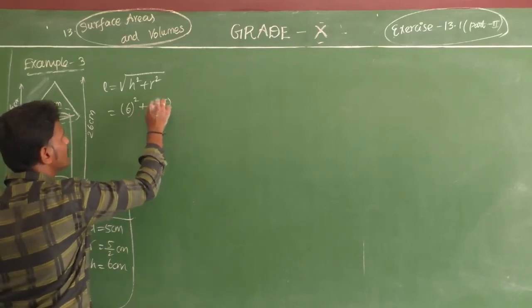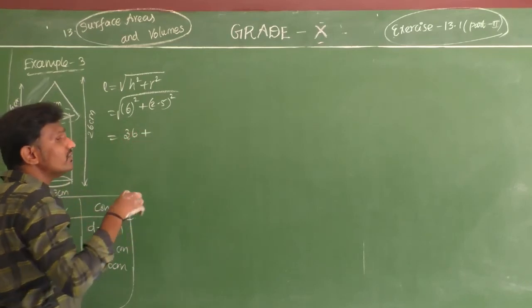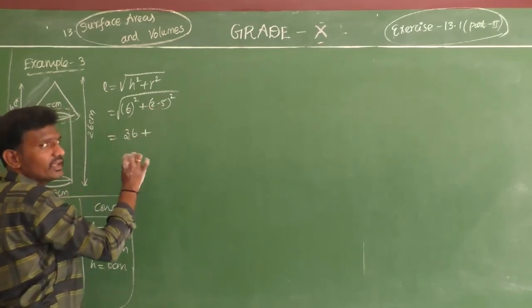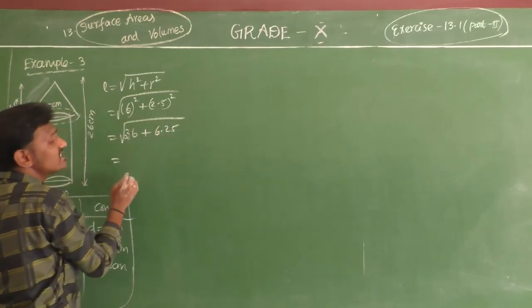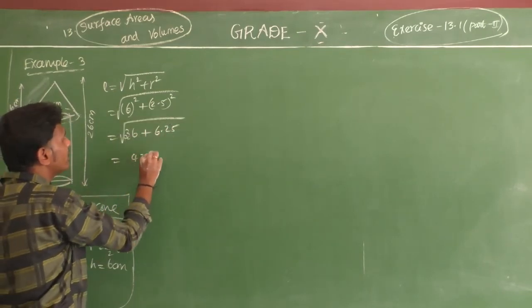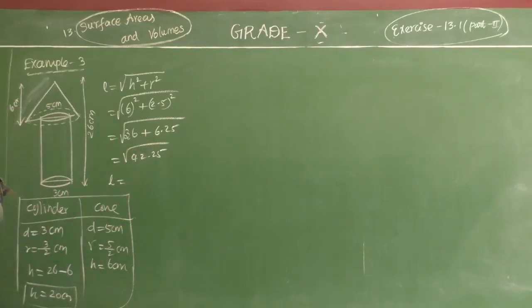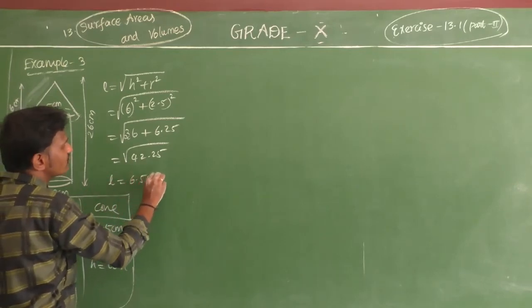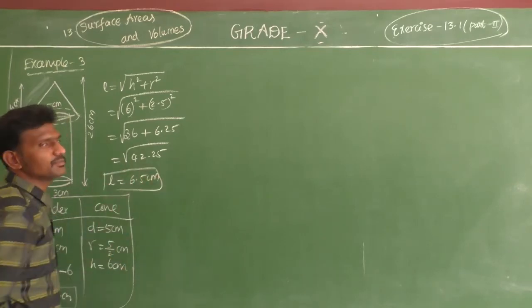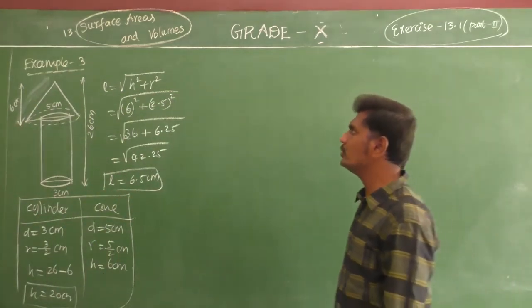Now 6 sixes are 36, and 2.5 squared is 6.25. So 36 plus 6.25 you are going to get 42.25. In your previous question you used 42.25; the square root is 6.5, that is 6.5 into 6.5 equal to 42.25.